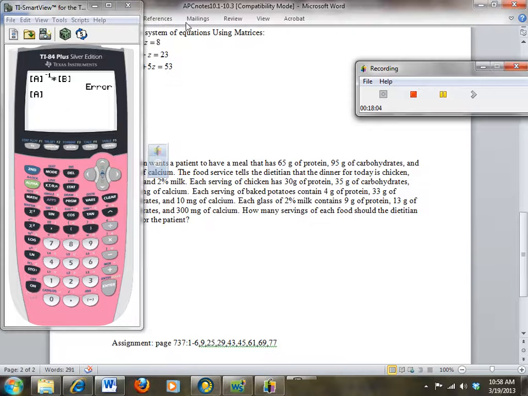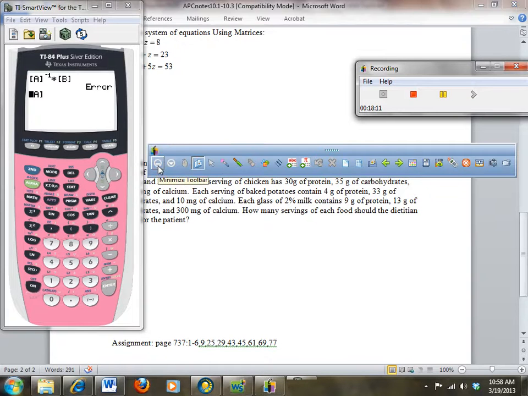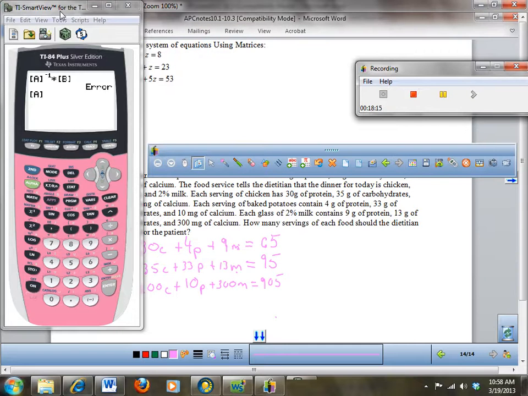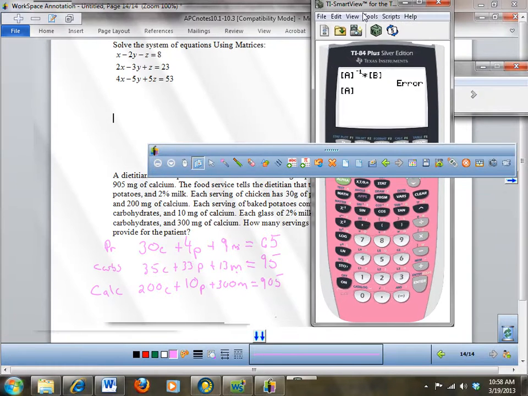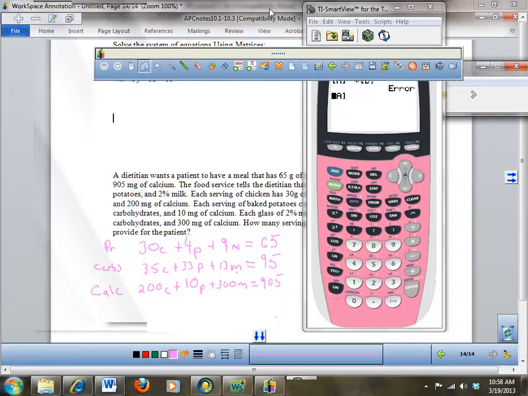Okay, so let's see if we could go back to where I was. Probably not. There we go. And when I move this thing, is everything going to disappear again?